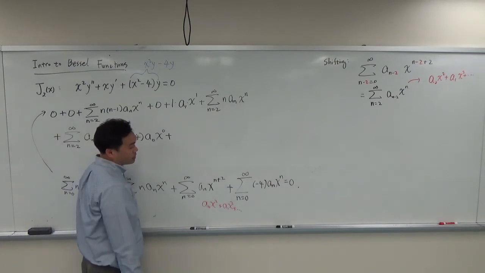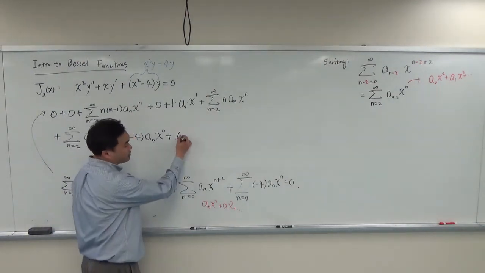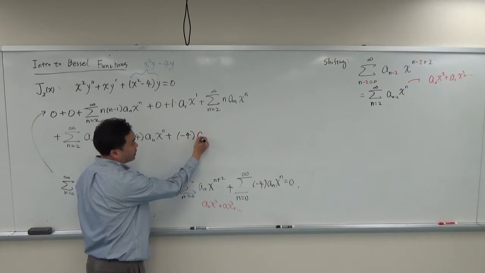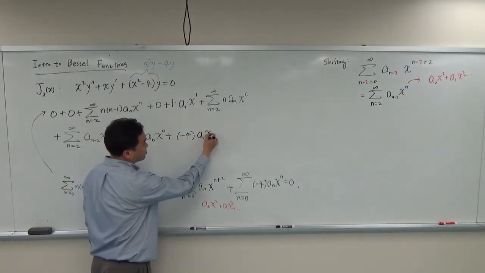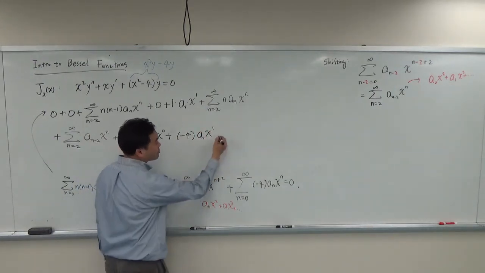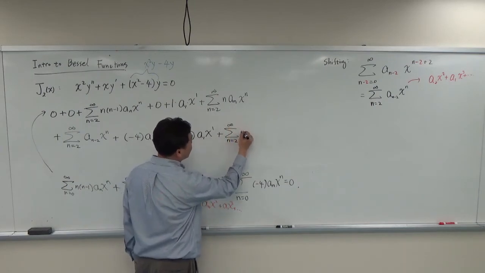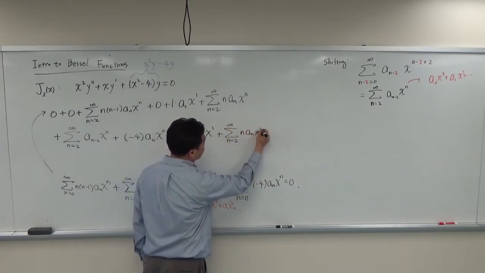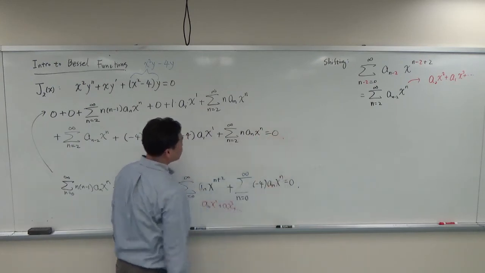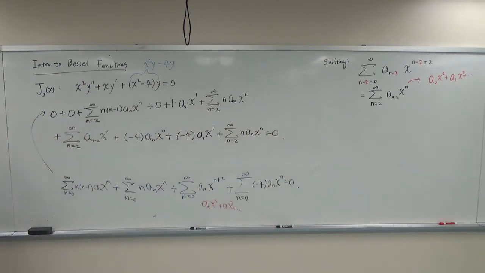It will be negative 4 a1 x to the first power, right? And then afterwards it's summation n equals 2 to infinity of negative 4 an x to the n. Okay?